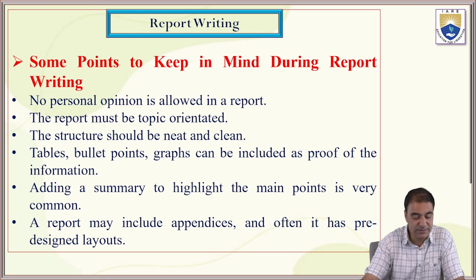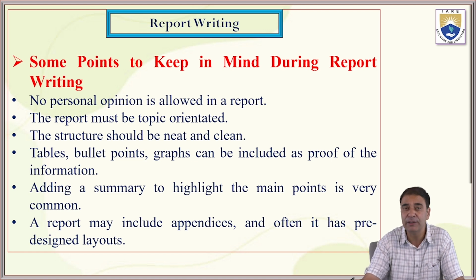Now the next one is the structure should be neat and clean. That means everything should be explicit, simple, lucid, clear, without any ambiguity. The next one is the table, bullet points, graphs can be included as a proof of the information.